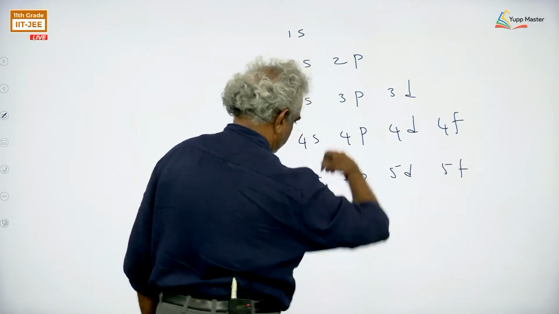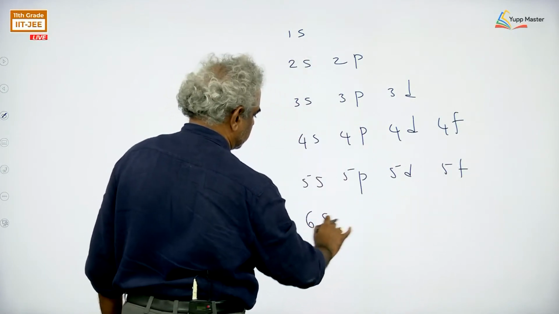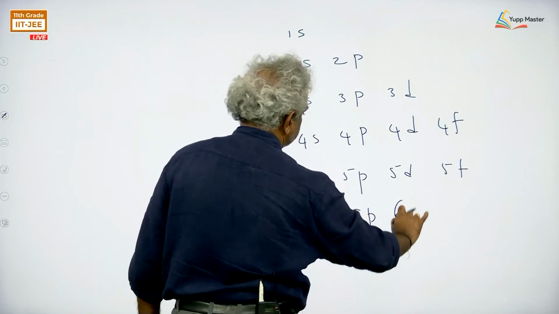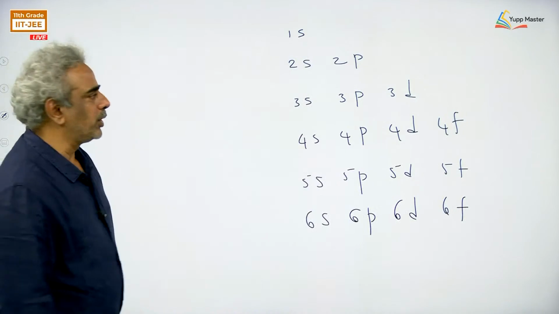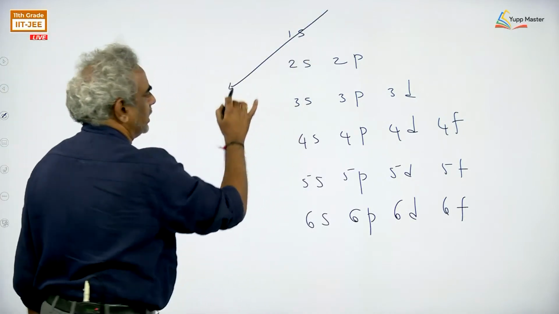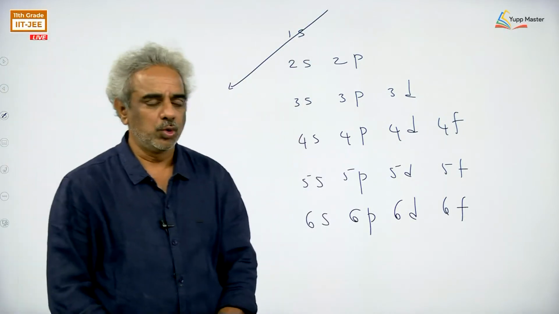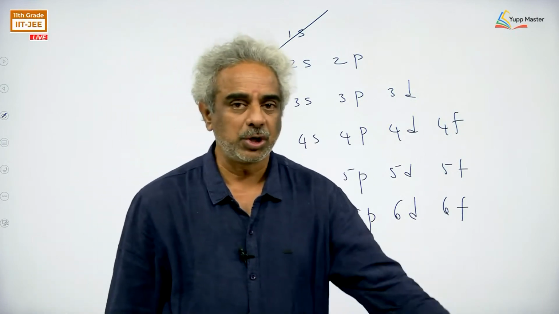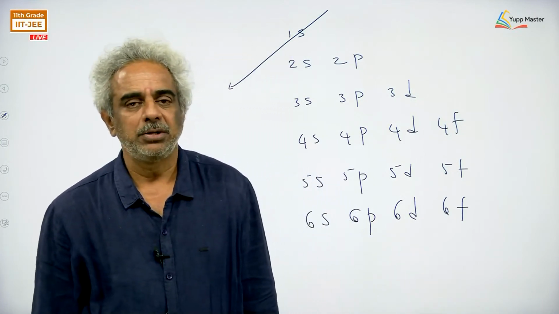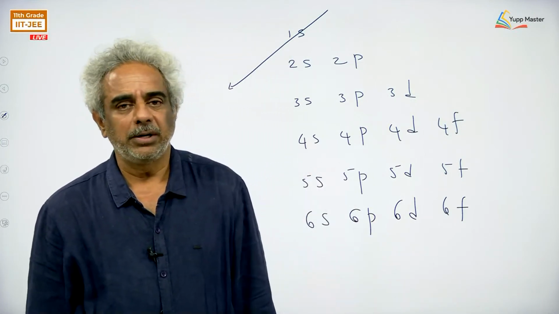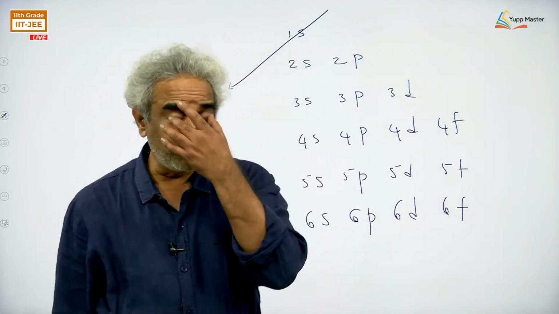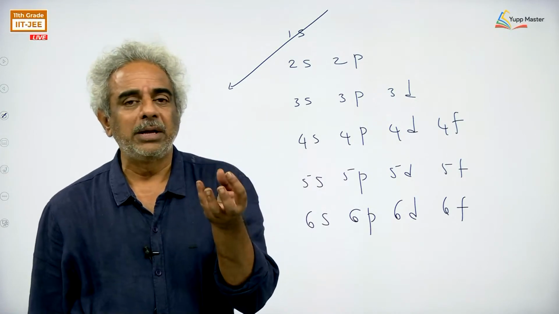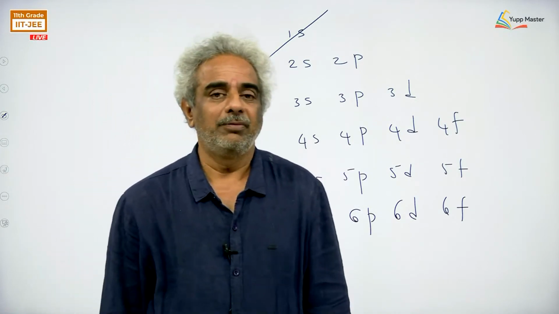This is all the energy increasing direction, 6s, 6p, 6d, 6f like that. So electrons first prefer to enter the least energy orbital, 1s. Suppose you go to a cricket ground, you prefer the first row to watch the match. Suppose you are going to a movie theater, you prefer to sit in the last place. So like that, electron prefers to occupy the least energetic orbital first.